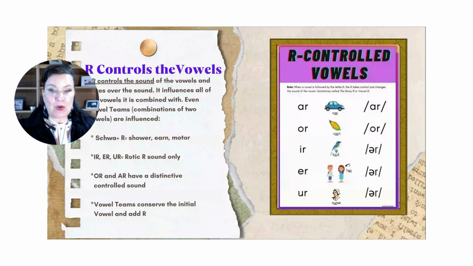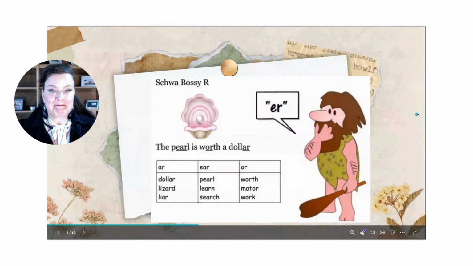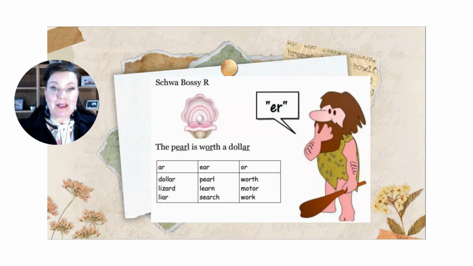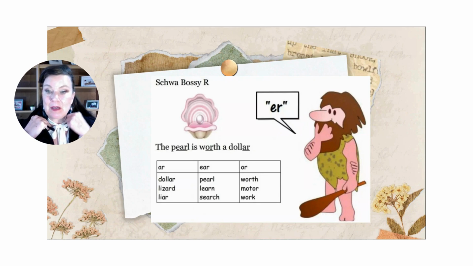The OR and the AR are going to contain a little bit of their vowel sound, even in the presence of the R. So let's take a look at what we mean by that, as well as some of the other vowel combinations that can change when we add this rhotic R. So here we have what we call the bossy R or the schwa R. And you'll see this presence of this R influence in many words in American English, but even in some combinations such as the AR or the vowel team EA or the OR, that would typically retain some of their vowel characteristic.